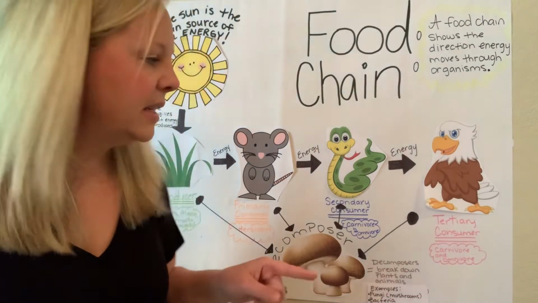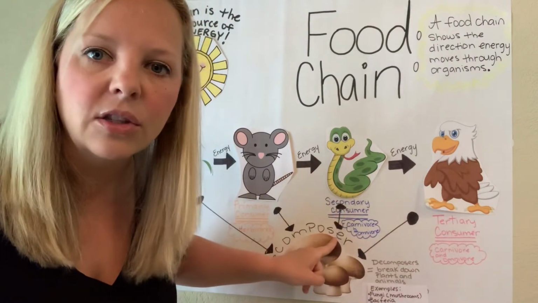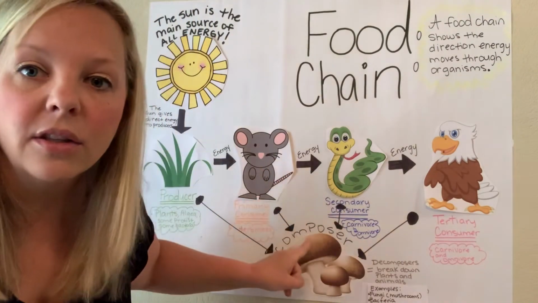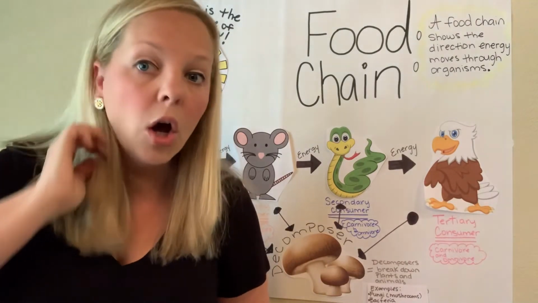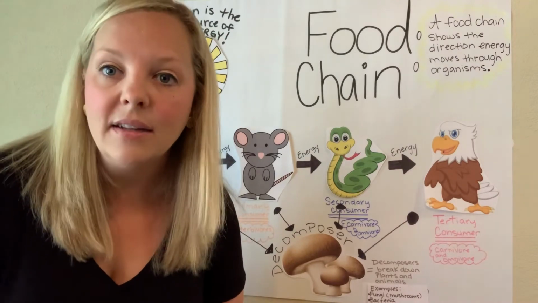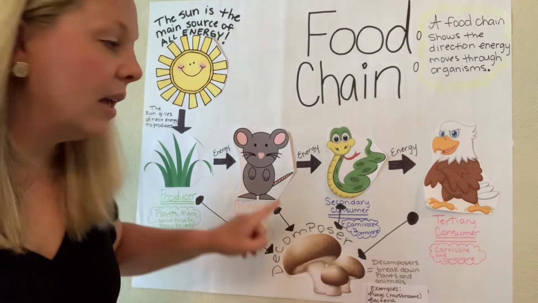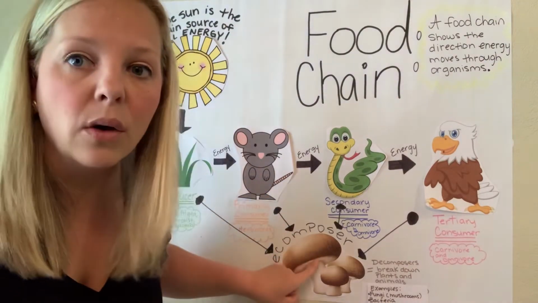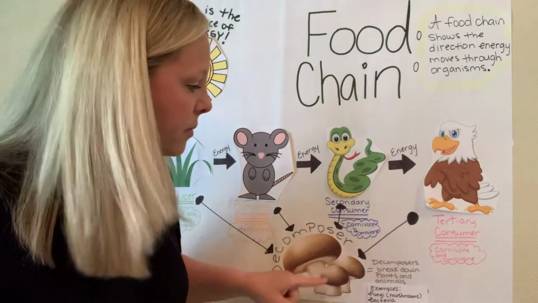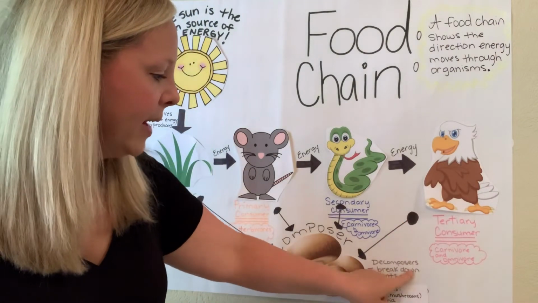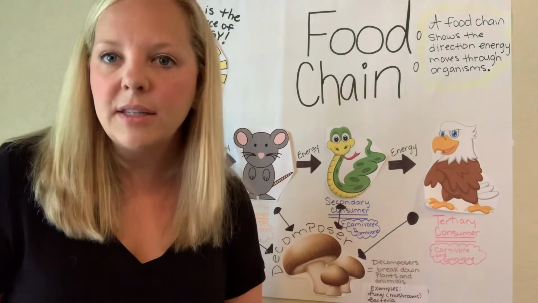The reason that the decomposer has an arrow from the tertiary consumer, the secondary consumer, the primary consumer, and the producer is because the decomposer will decompose plant and animal matter. It will decompose the grass. It will decompose a mouse. It'll decompose a snake, and it'll decompose an eagle. So decomposers break down plants and animals. They break down dead organic material.